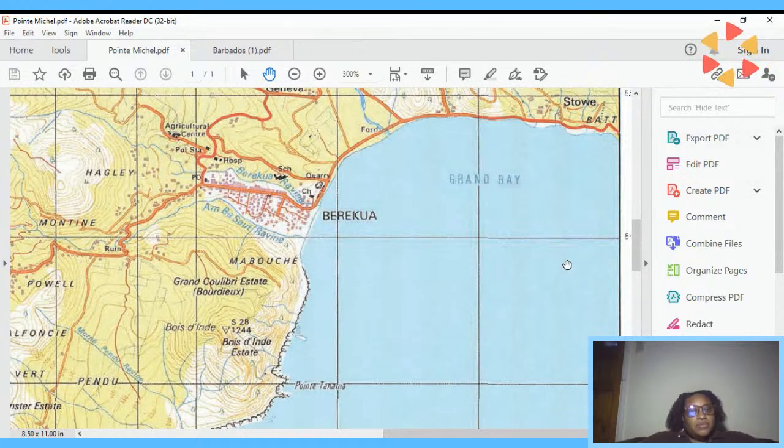So state four features of this site. In other words, what are four characteristics or features that would have influenced the development of this site? So that is what they're asking.